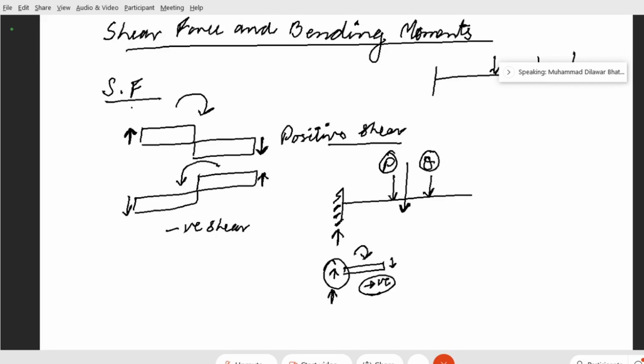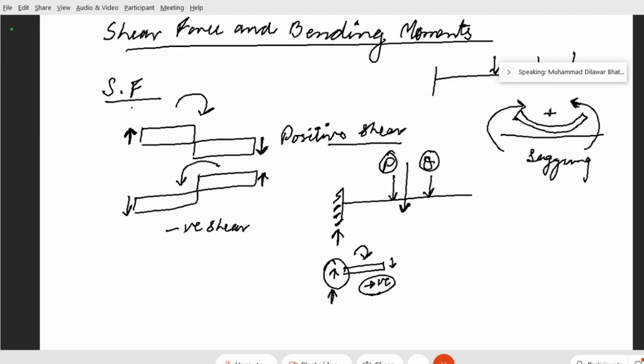And when we talk about bending moment, as per the sign convention we have seen, if the element of the beam bends in such a way that the concavity is upwards, that means it is sagging and the values will be positive.